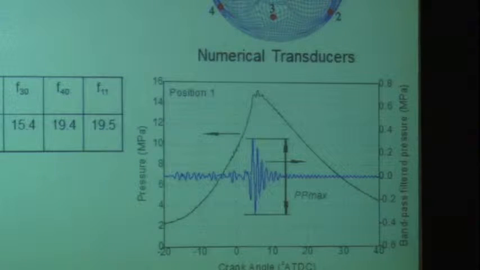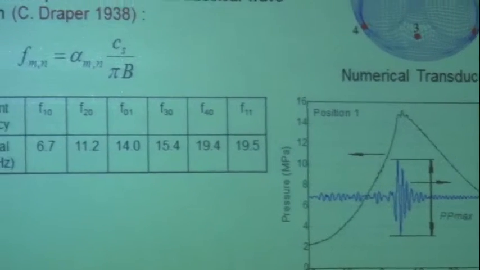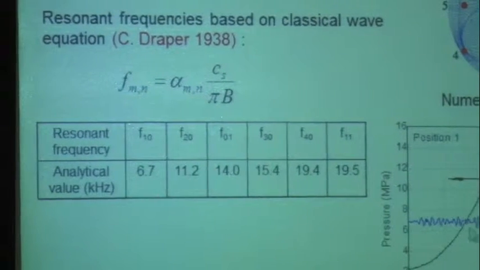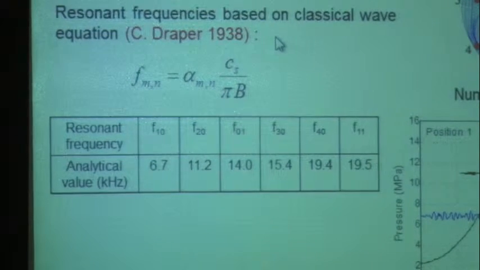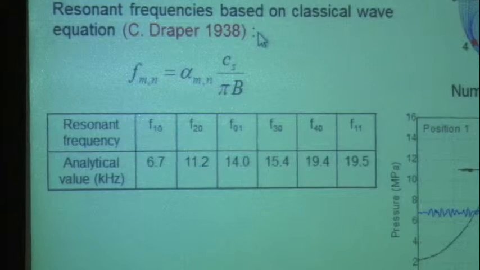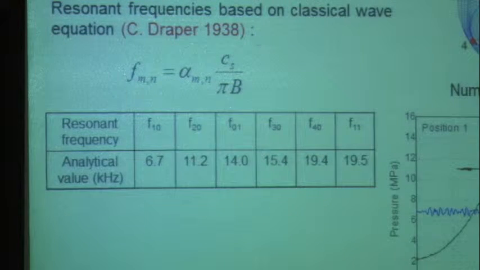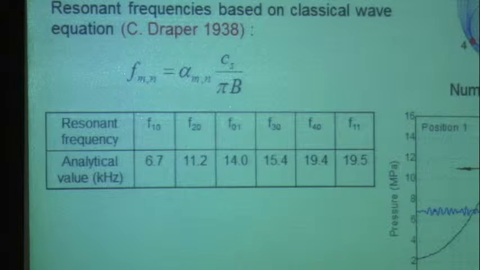So how do you pick the bandpass filter? Well, we use some results from many years ago from Draper. He wrote a paper, he was at MIT, where he used the classical wave equation to look at the resonant frequencies in a cylindrical domain, like in an engine, where the frequencies are characterized by the bore, or actually in this case the circumference, pi times the bore, and the sound speed in the mixture.